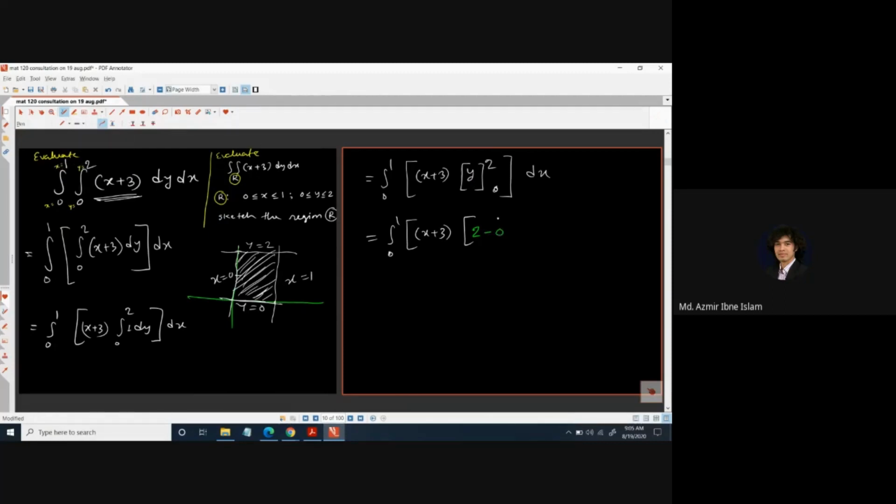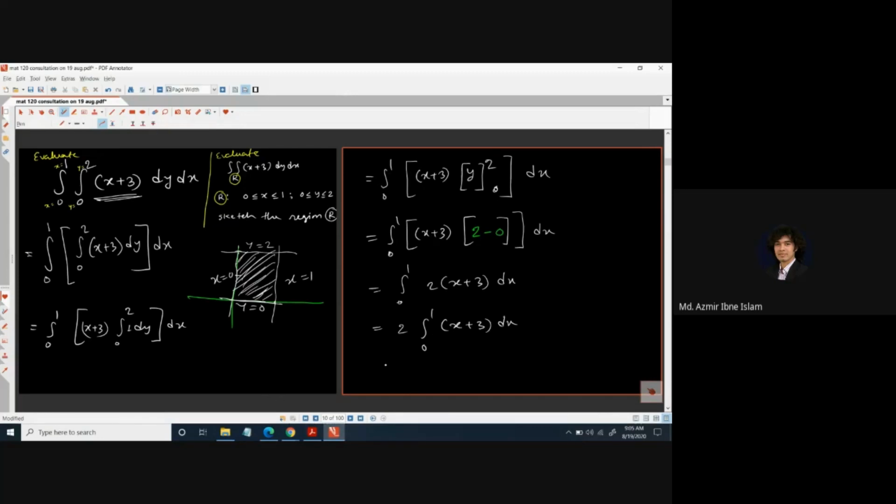Do you understand my point? Yes, sir. Okay, so finally 2 minus 0 is giving us 2. So here we have 2 times x plus 3 dx. Since 2 is constant, we can pull 2 out before the integral. We have x plus 3 dx.